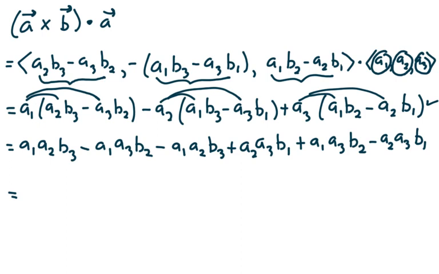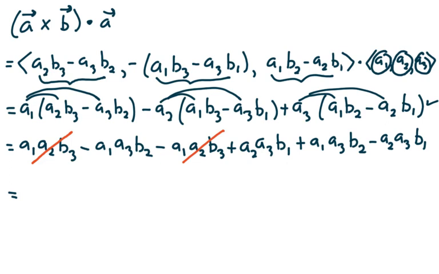And so this is A1A2B3 minus A1A3B2 minus A1A2B3 plus A2A3B1 plus A1A3B2 minus A2A3B1. Now, watch what happens here. We get to cancel a bunch of stuff. Notice how A1A2B3 cancels A1A2B3.